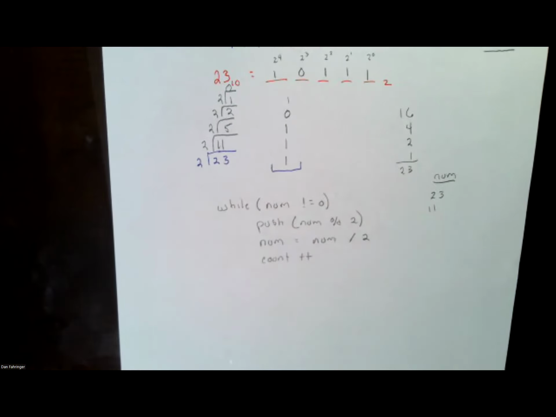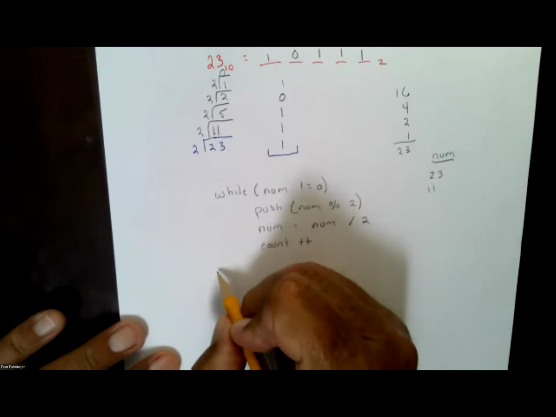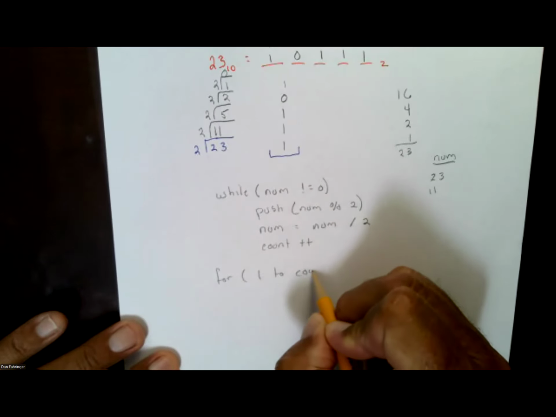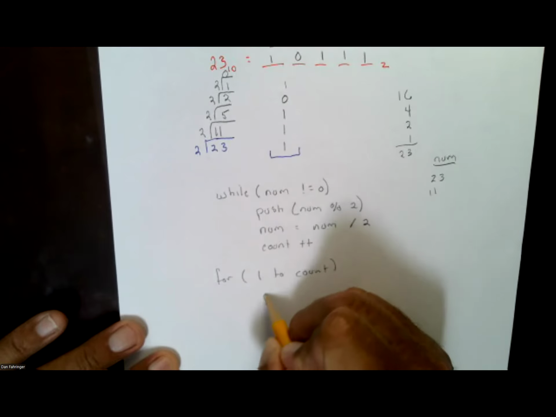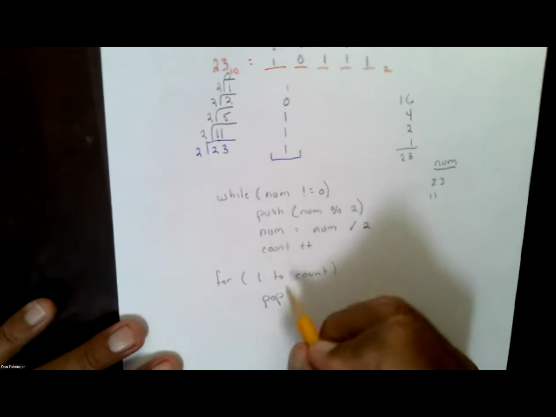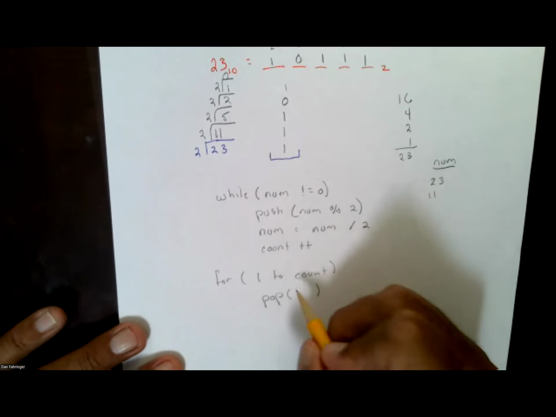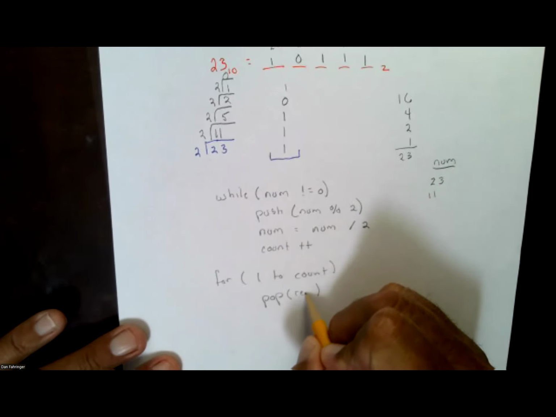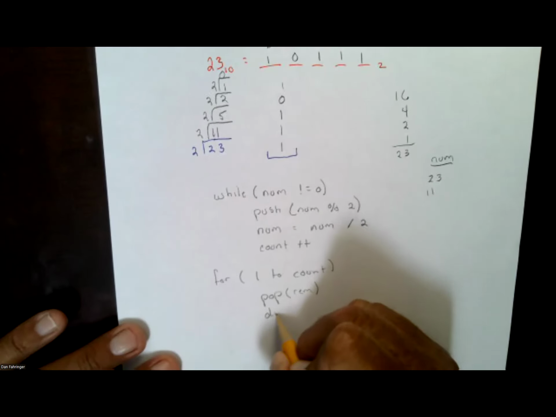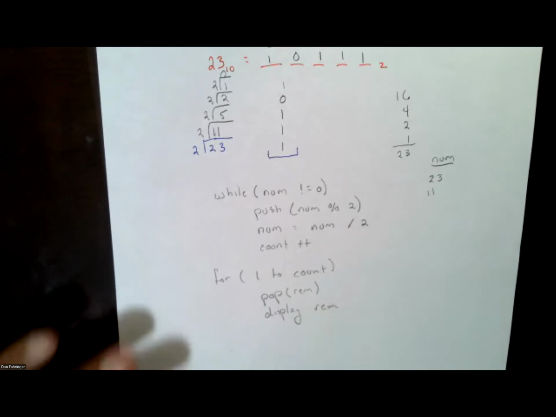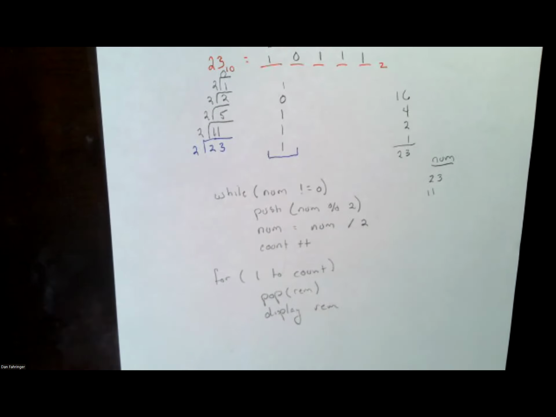Keep track of how many there were. Now I'm thinking a for loop, one to count. Pop. And again, we said this is going to be a reference variable. So pop REM, display REM. That's not so bad.